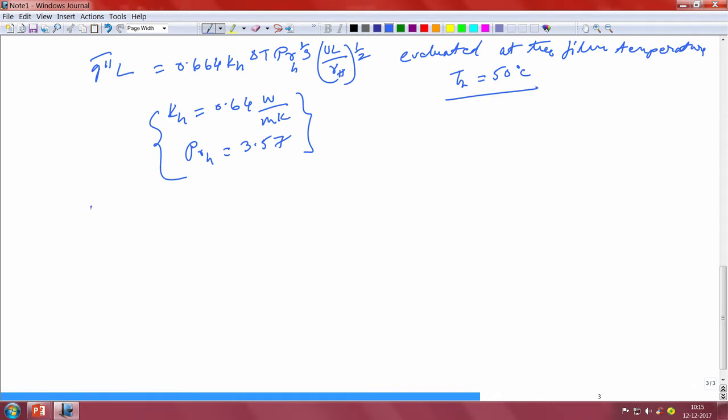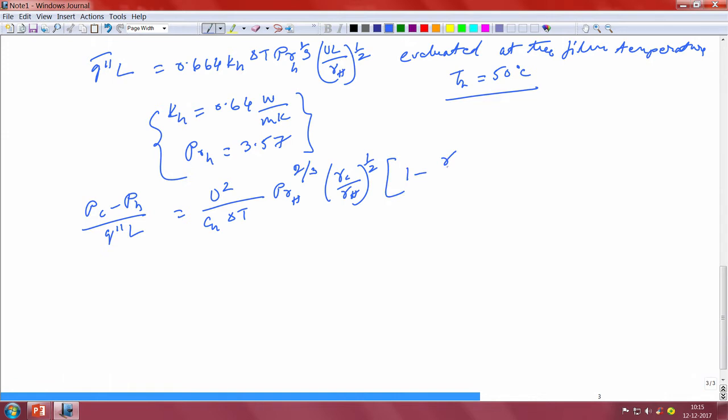Now Pc minus Ph divided by q double prime into L is given as U squared divided by C_h delta T Prandtl number h to the power of 2/3, times gamma_c by gamma_h raised to the power of half, times (1 minus gamma_h by gamma_c) raised to the power of half. Now C_h is approximately 4.18 kilojoules per kgK.